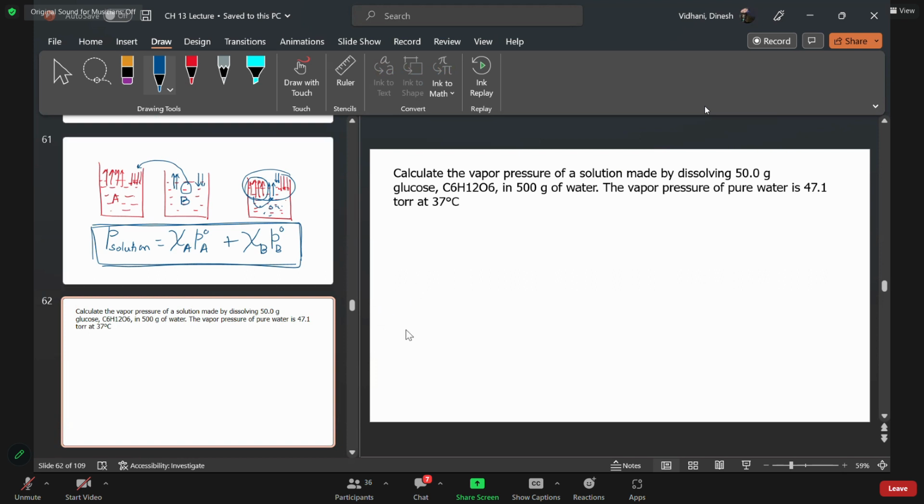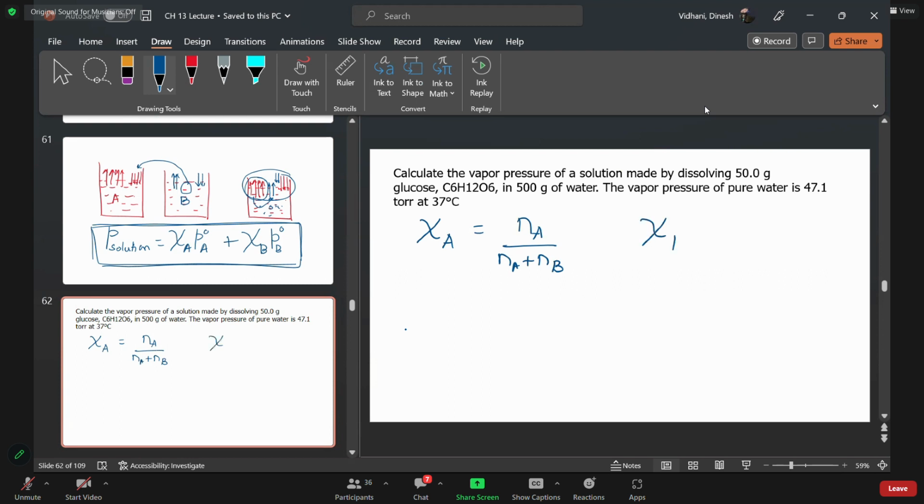Now, before you do that, let me show you how to find the mole fraction. The mole fraction of any component, say component A, is the number of moles of A divided by the total number of moles in the given mixture.